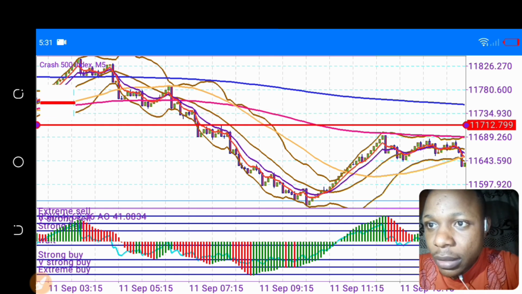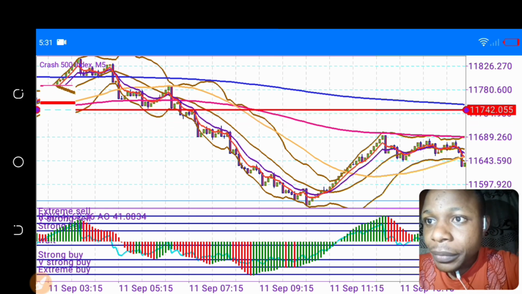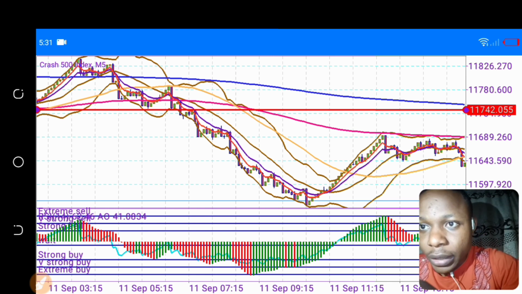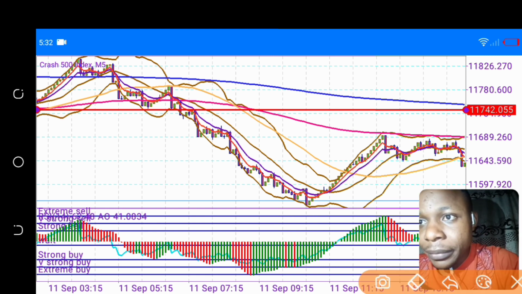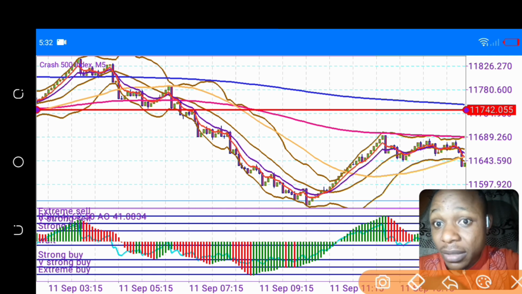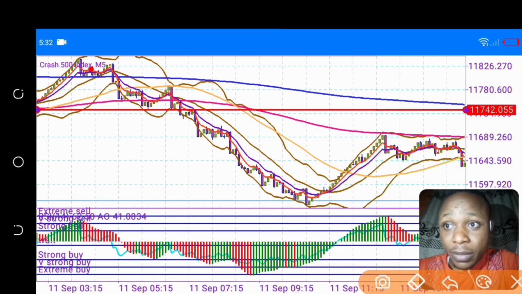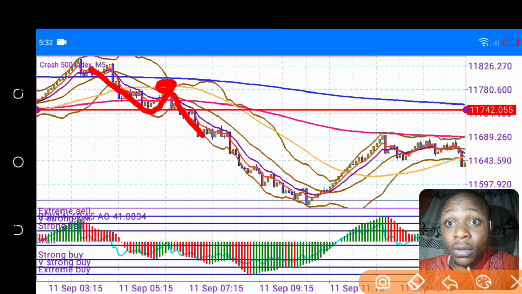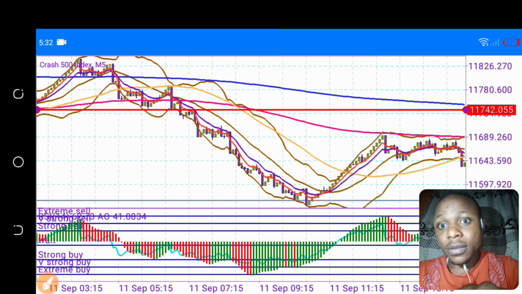So let's see this place. The trend began from here. Remember what I told you about SMA 50? I told you if it breaks it, it will always come back to test. See the retest over here before coming back, almost on all time frames. So that's just a recap.